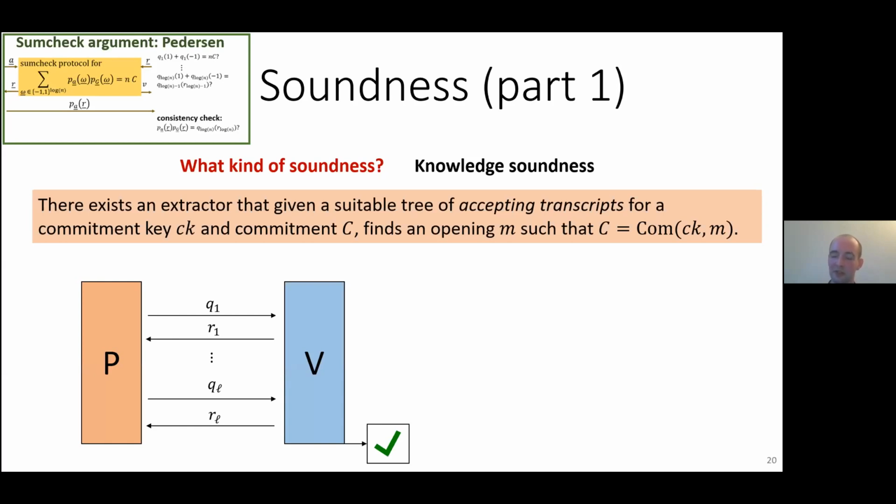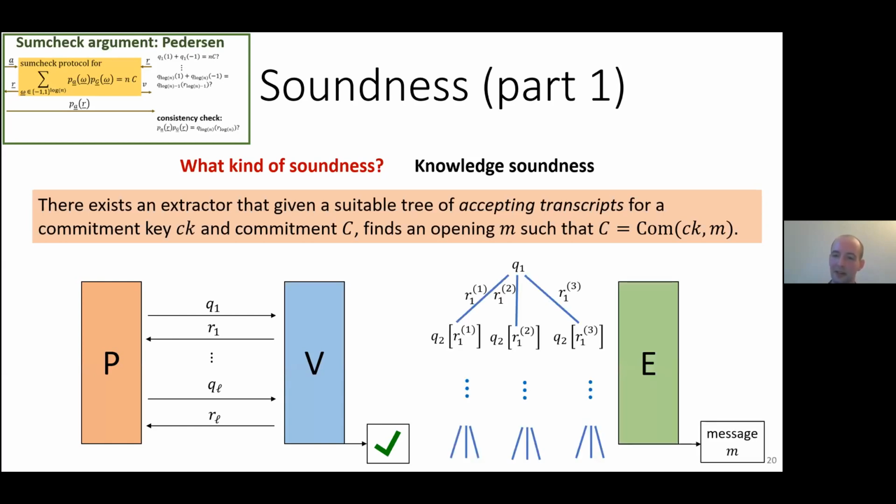So if our original sumcheck protocol looks like this, then this is what the knowledge soundness extractor algorithm has to deal with: a tree of transcripts where the top of the tree corresponds to the prover's first message in the protocol. The first 3 branches of the tree, going from level 1 to level 2, correspond to different values for the verifier's challenge.